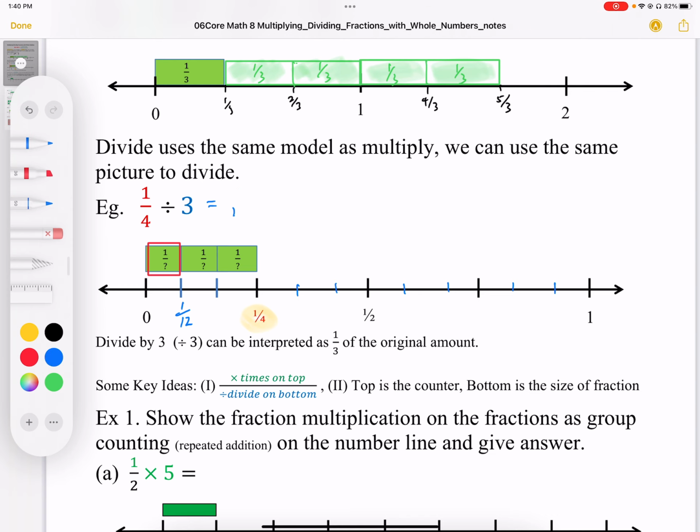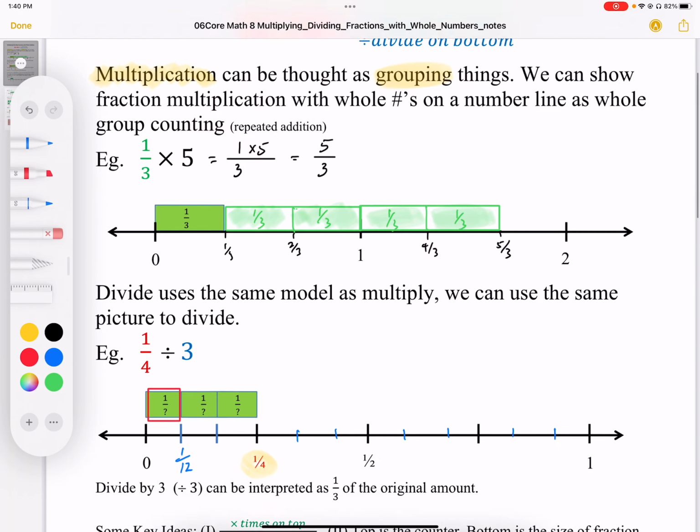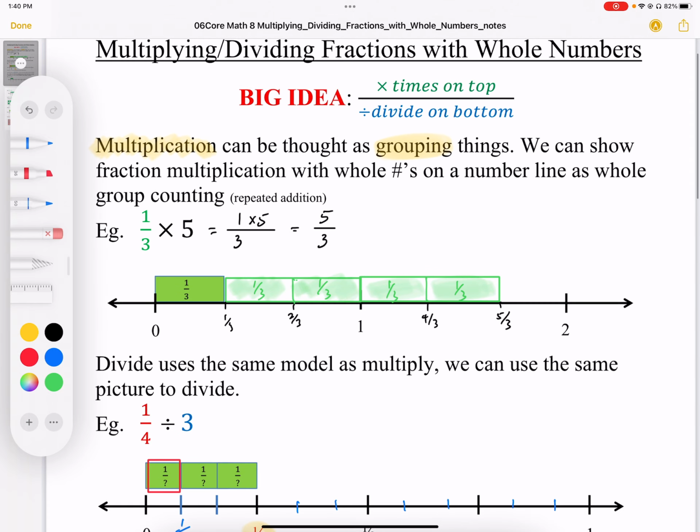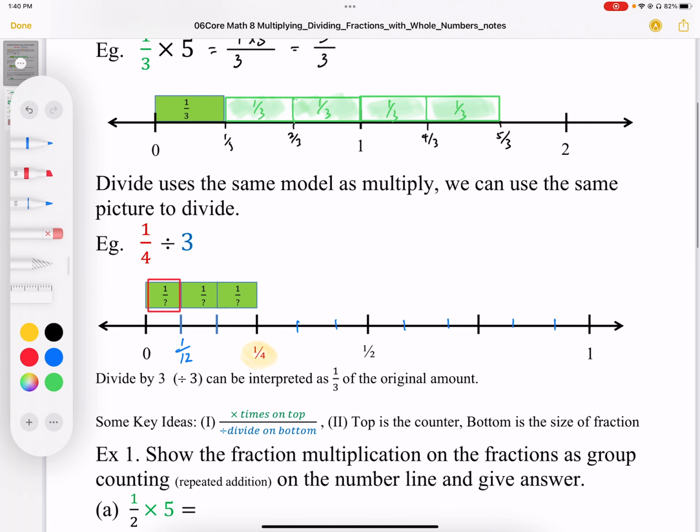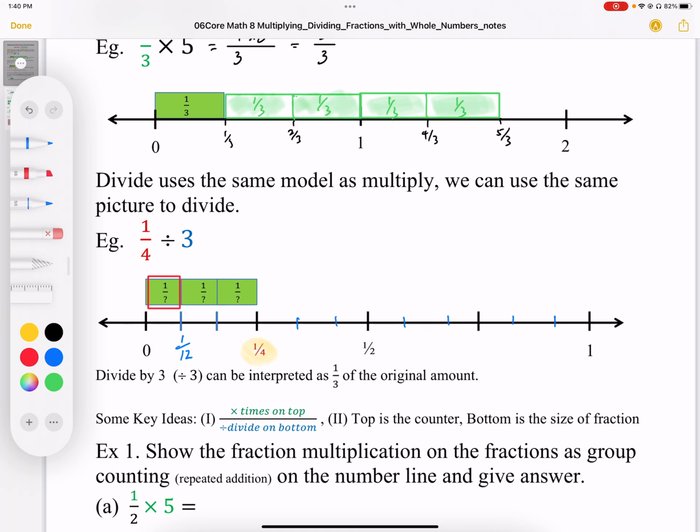Now, if we go back to our big idea, times on top, divide on bottom, we can start with our original fraction, 1 on top, 4 on bottom. That means times 1, divide 4. And that divide by 3 really is a divide, so we're going to group it in the denominator.